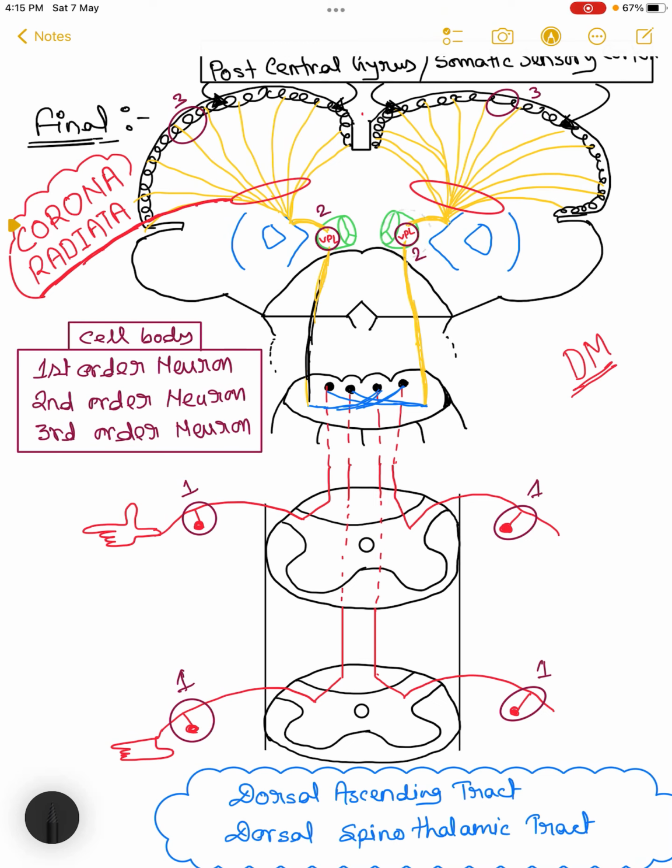VPL is also a nucleus, so we can say it is a cluster of cell bodies. Now these cell bodies will release some new fibers. These new fibers will go where? You already know this structure. And what is this? Yes, the posterior limb of the internal capsule.